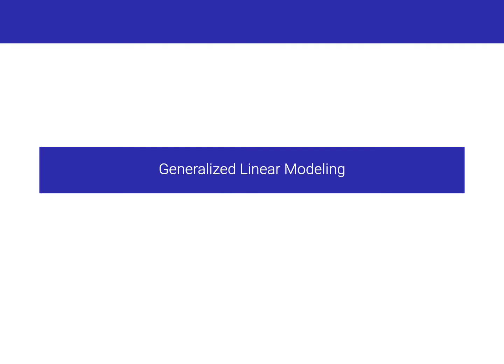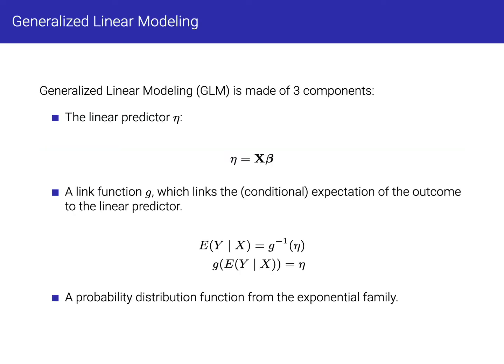Okay, so now let's connect the Poisson distribution to a tool that we have talked about previously, which is generalized linear modeling. As a reminder, generalized linear modeling is a modeling framework that has three main components. The first is the linear predictor, which is sometimes referred to as eta.